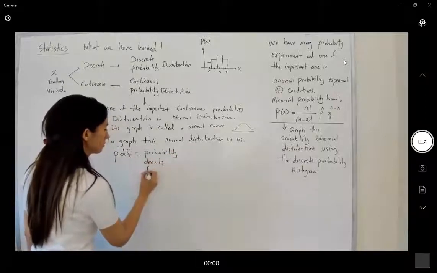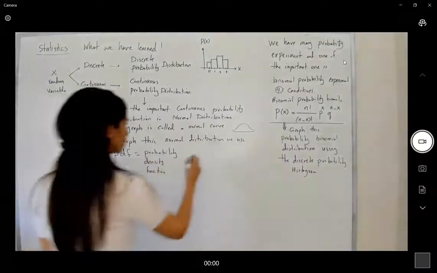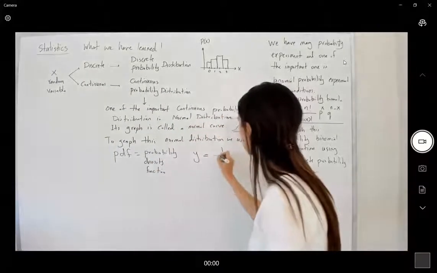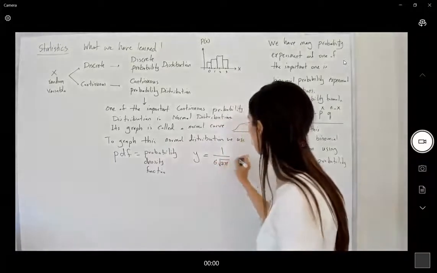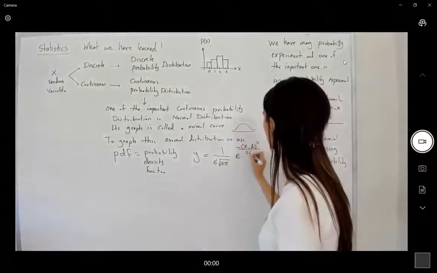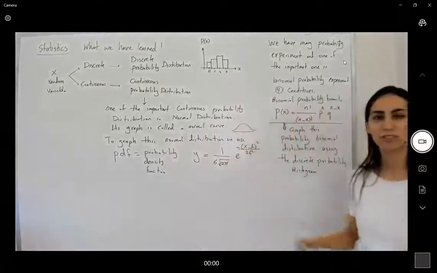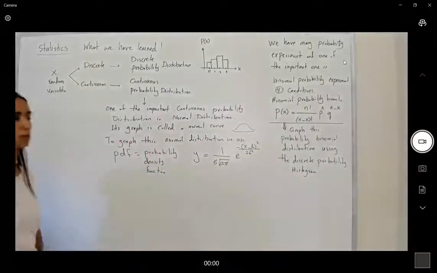Remember the formula, y is equal to 1 over sigma square root of 2 pi, e raised to negative x minus mu squared divided by 2 sigma squared. But eventually we use a calculator to calculate the area below the graph.